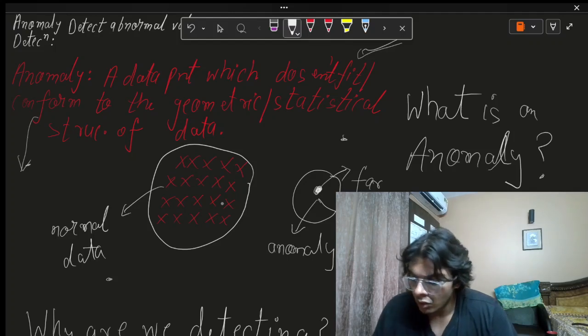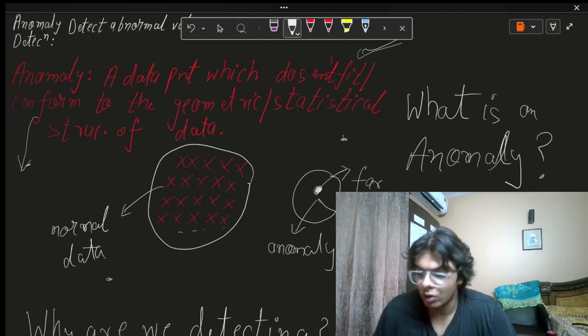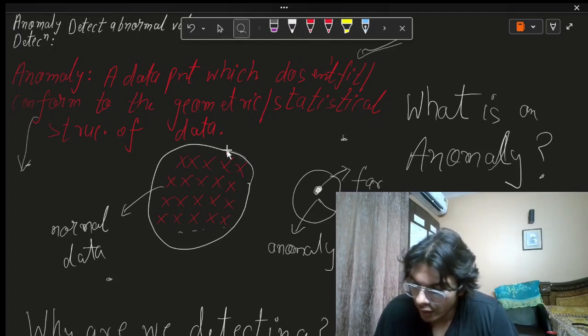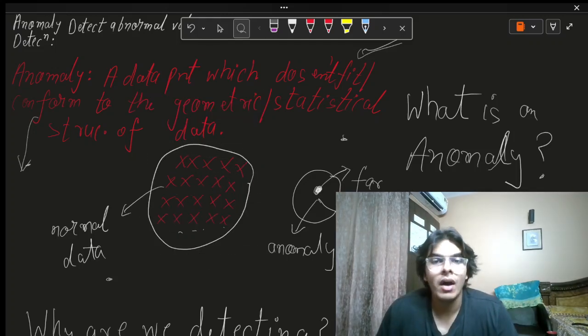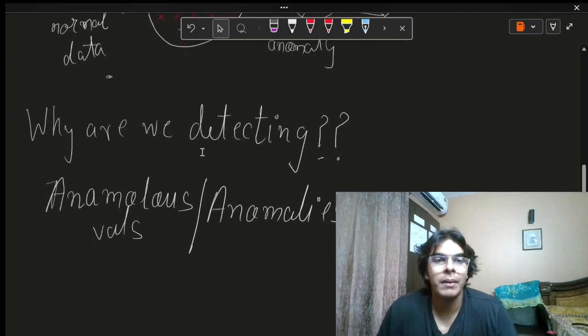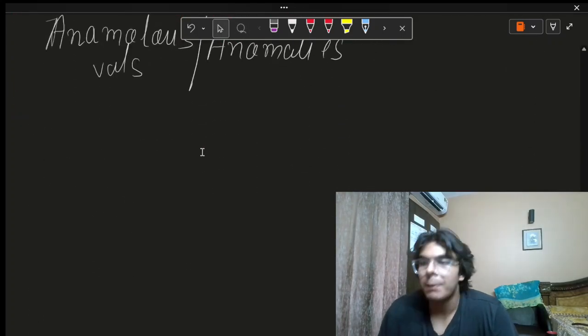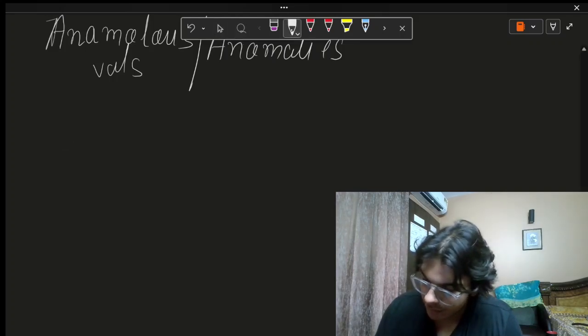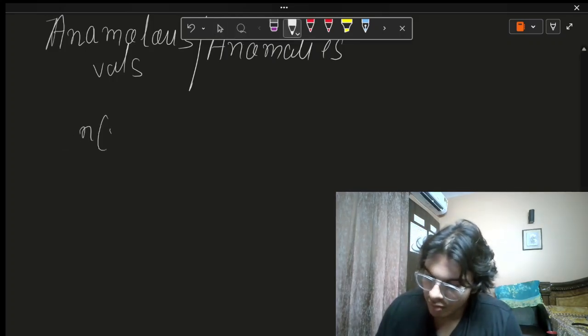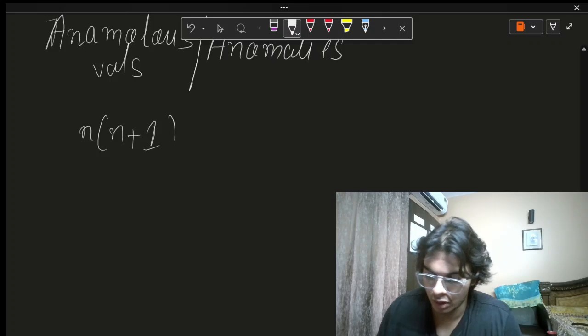Why? Because all of these points, all of these red crosses, are being produced due to some sort of underlying pattern. So let's say I am applying a formula, and this is the formula that is running the model, for example.